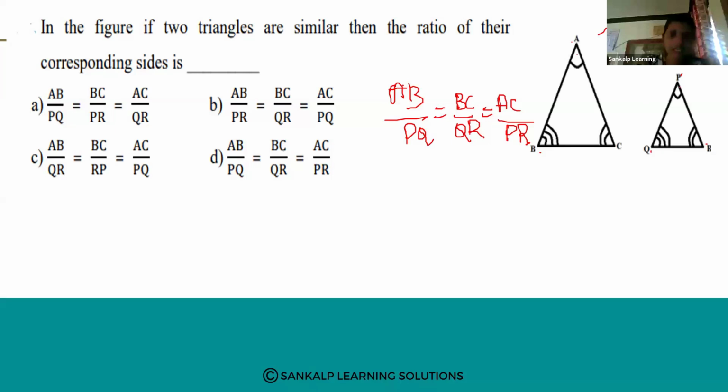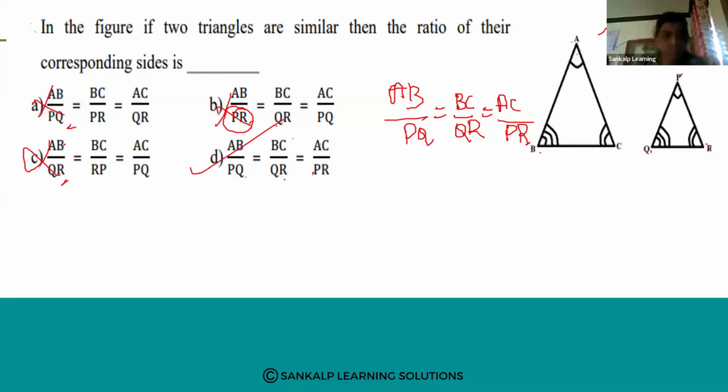Where is this option? AB divided by PQ, BC divided by PR: this is wrong. This is also wrong. Here PR is there, but we want PQ. AB divided by QR is also wrong. AB divided by PQ, BC divided by QR, AC divided by PR. So this option is right.